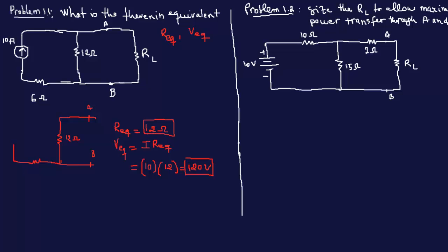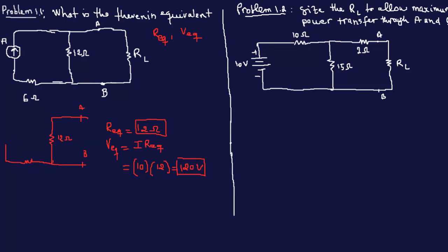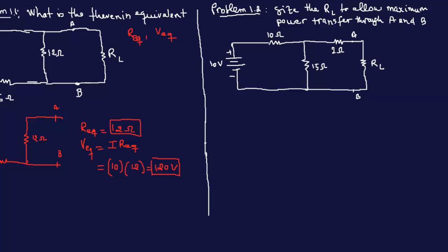Alright, now problem 1.2 on the right side. Size the RL to allow maximum power transfer through A and B across here.